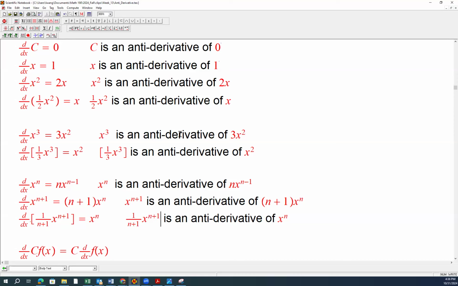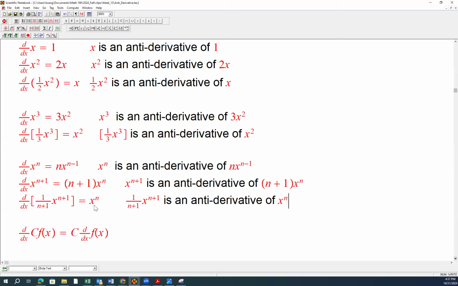Okay, so now we're making our own table of antiderivatives. This is one of the formulas: the antiderivative of x raised to the power n is 1 over n plus 1 multiplied by x raised to the power n plus 1.